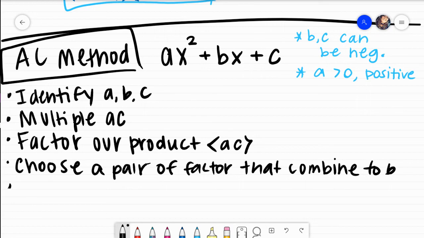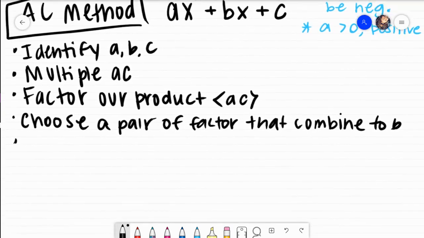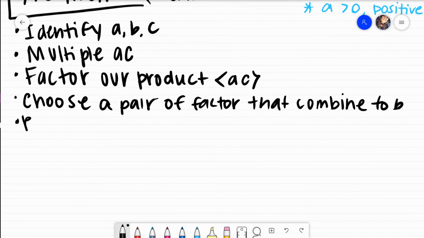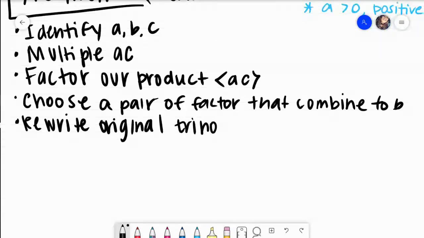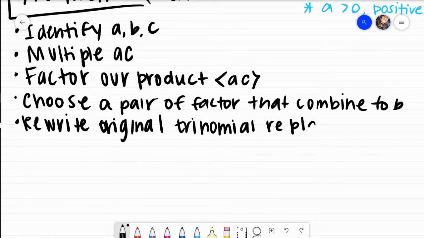And then what we're going to do is rewrite the original trinomial, replacing b with new factors.